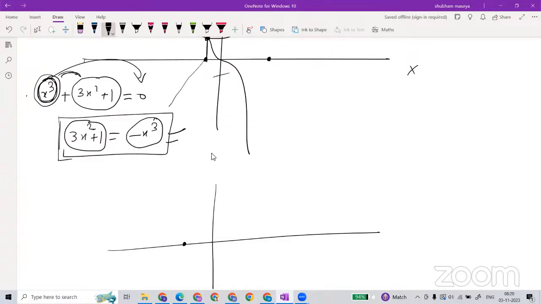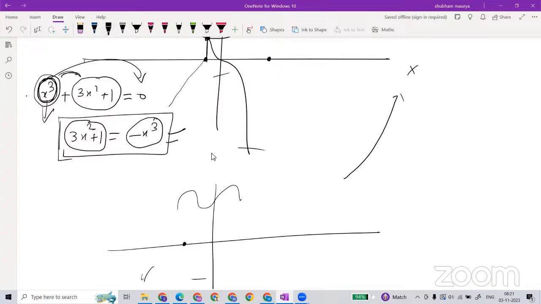Once you do more practice, you will see that inside, meaning in between some range, the function will be like this, but when x becomes bigger, the function behaves exactly like x cube. That's the inner behavior also.